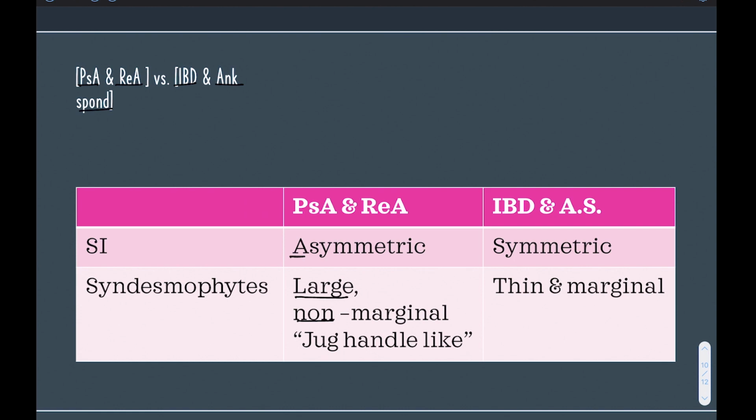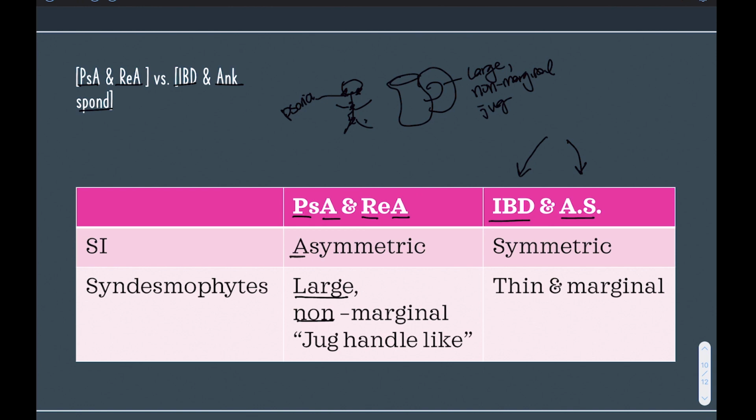Reactive arthritis, with 3 letters with first and third letters in capital letters. Number 4, the other 2 seronegative spondyloarthropathies, IBD and ankylosing spondylitis, have opposite patterns. This way, all you need to remember is the pattern of psoriatic arthritis. If you still can't remember, imagine a patient with psoriasis on their skin drinking out of a large jug with an asymmetric handle. Okay, hopefully that helps.